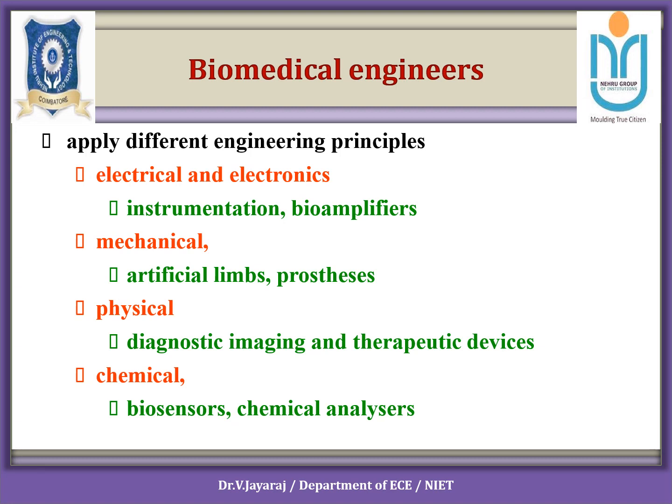imaging and therapeutic devices. So what are the different types of materials that can be used? Not all materials can be used in medicine. Some materials will be harmful to the patients. So we have to identify the materials with atomic structure such that they don't do any harm for the humans.